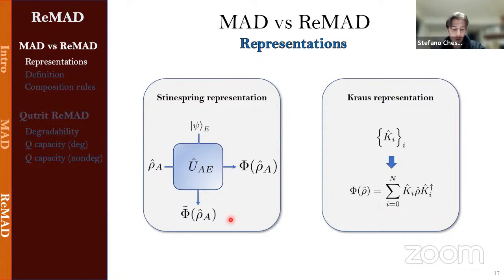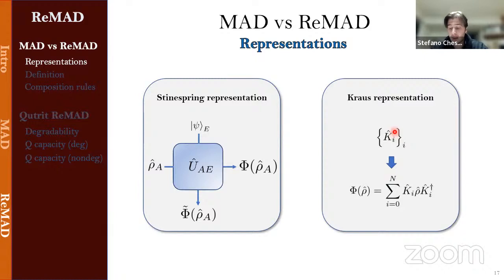Now, in some way, we could say that the Stinespring representation is somewhat more physically explicit, in the sense that in the unitary matrix that you have here, you encode the physics that relates the evolution of the state from Alice to the environment. While the Kraus representation is a little bit more abstract, in the sense that the physics is somewhat hidden in the shape of the Kraus operators, and you just apply them to get the expression for the channel.